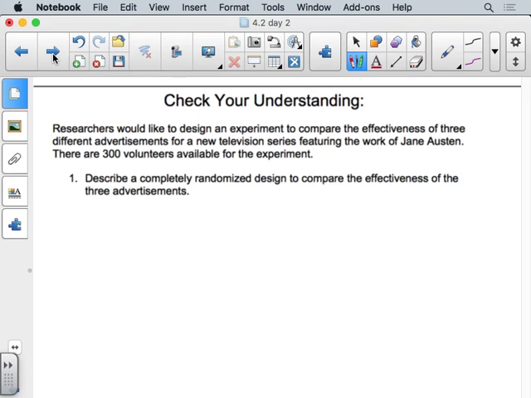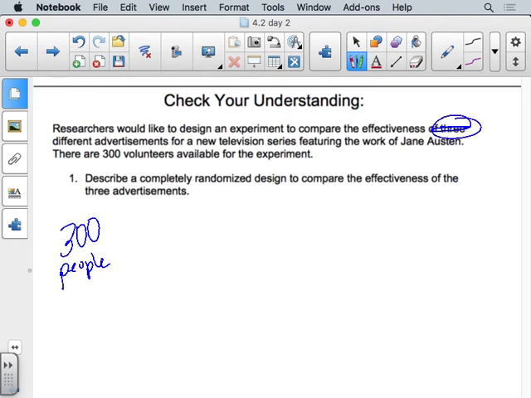So this is where we can just draw out a flow chart. A completely random design is we just take everybody that we have. So we've got our 300 people. What we're trying to do is treat them with three different ads.